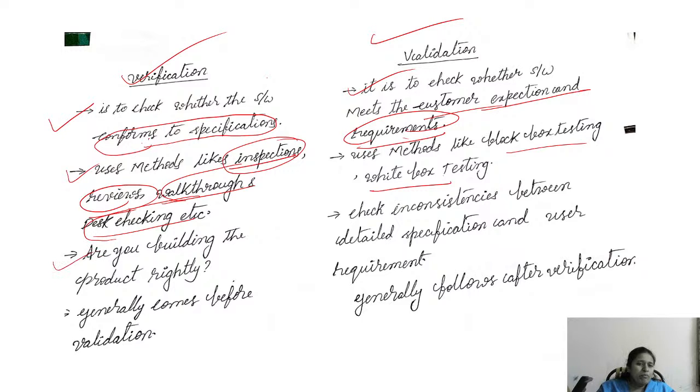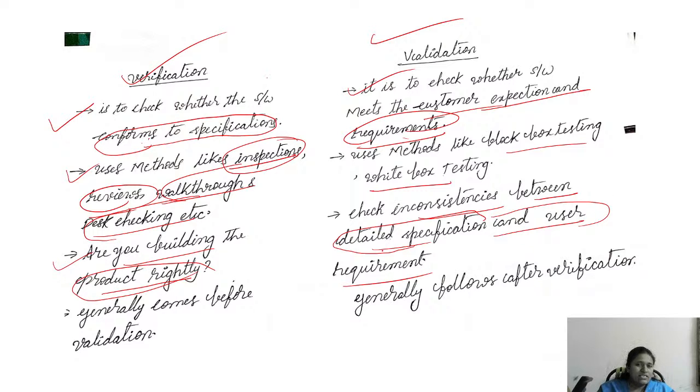Next one is, are you building the product rightly? This is the keyword, product rightly. Next, checking inconsistency between the detailed specification and user requirement.